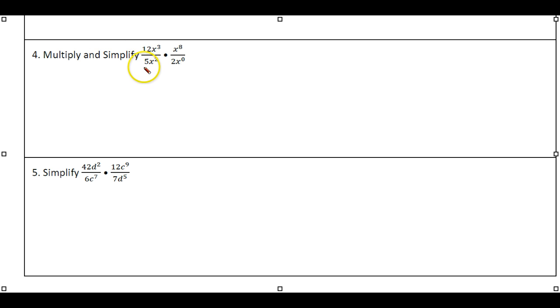In example 4, they want us to multiply and simplify. So theoretically we could kind of collect like terms on top. We get 12x to the 11th over, I could put it 10. Now x to the 0 is just a 1, so this is just going to be x to the 2nd.